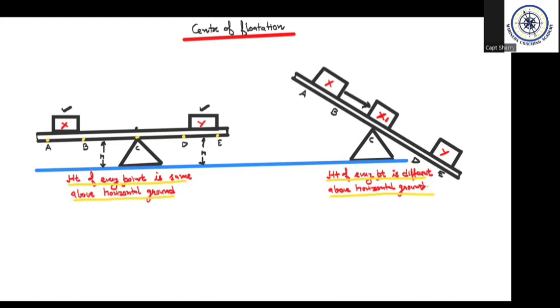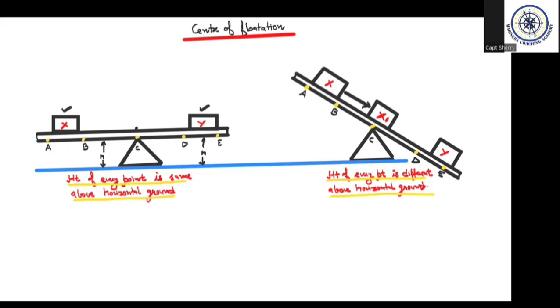And now the heights have changed. If you see A, B, C, D, E, the height at A has increased in comparison to the height at A in the first figure. B has also increased, D has decreased, and E has actually gone down and is touching the ground.